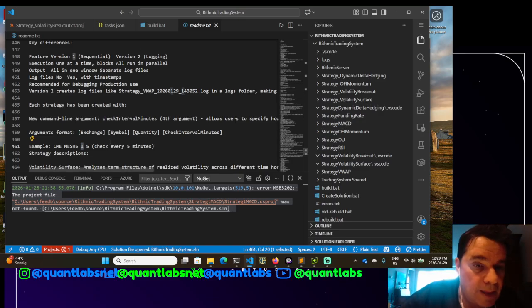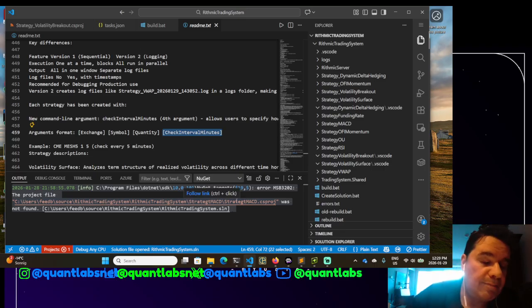Okay. And then the last parameter here, the important one, is the check interval in minutes. So I can tell that particular client strategy to only check the market every 5 minutes, 15, an hour, 24 hours, whatever, but it's in minutes.